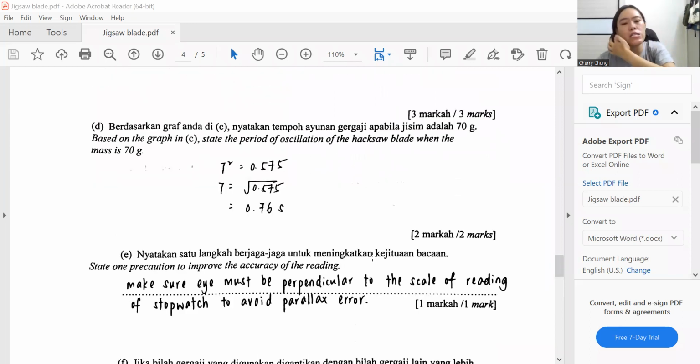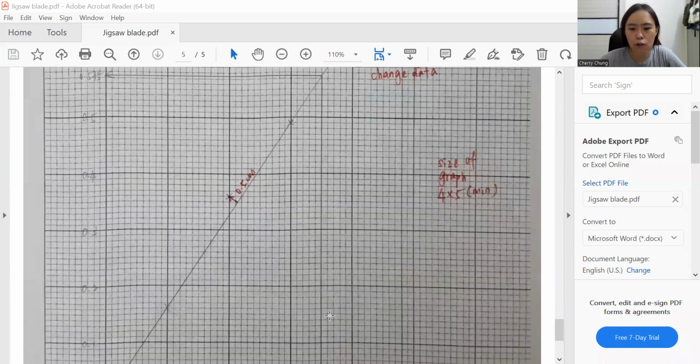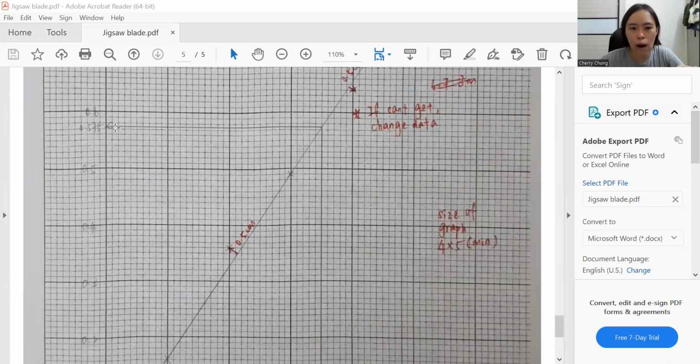Then for this question, they ask you to state the period of oscillation based on the graph when the mass is 70 grams. If you look back at the graph here, you can see that I have drawn a solid line towards the y-axis to identify the d squared.